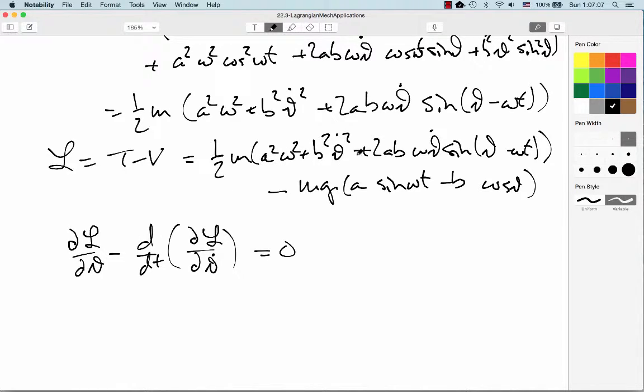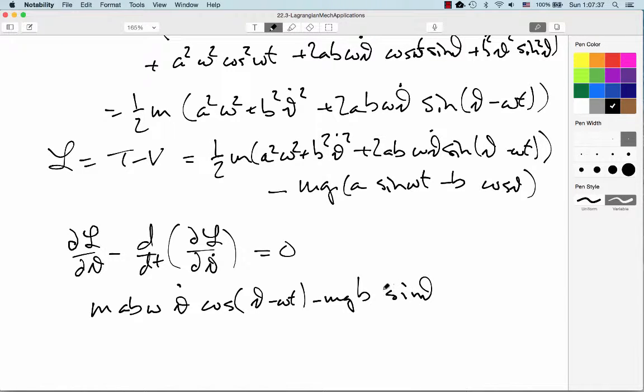Theta dot's constant with respect to theta. Okay, that term has got some thetas in it. So we're going to get from that an m times ab omega theta dot times the cosine of theta minus omega t. Let's see. Theta dependence here, so we get a minus mgb sine theta.